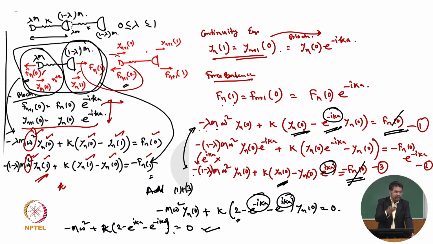Displacement means transverse displacement and rotation. So we have to use 4 Bloch theorems, either in terms of displacements or in terms of forces. 2 in force, force means bending moment and shear force, and slope and deflection, 2, or 2 for slope, 2 for transverse displacement.